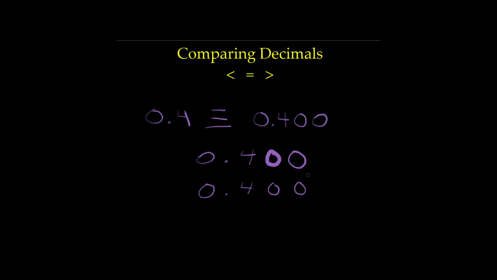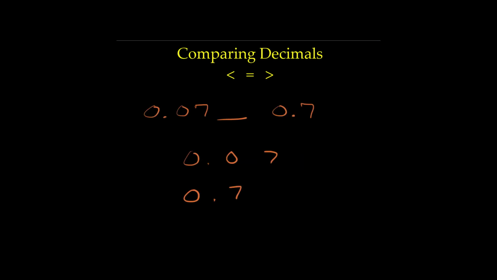Okay. All right, and let's do one last example with some different types of zeros to compare. Another type of tricky question they like to put on tests is this one, where we have all the same numbers. We have zeros and sevens. They're just arranged differently and obviously have different place values. So our first number is 0 and 7/100ths compared to 0 and 7/10ths.